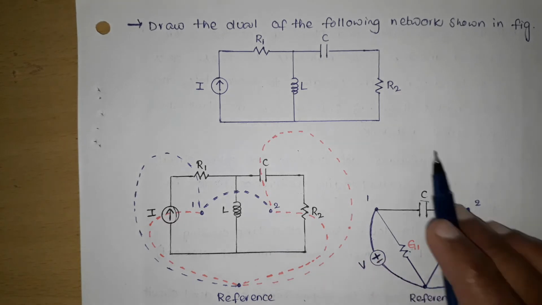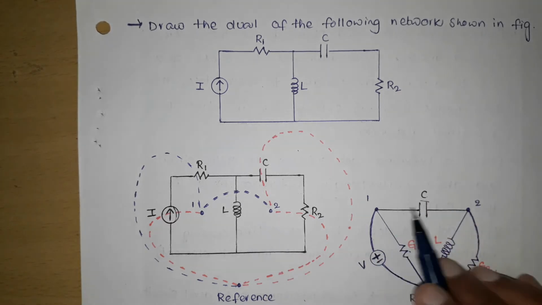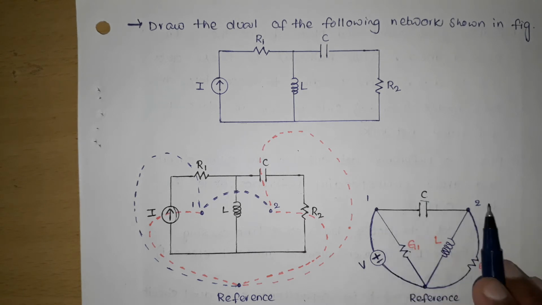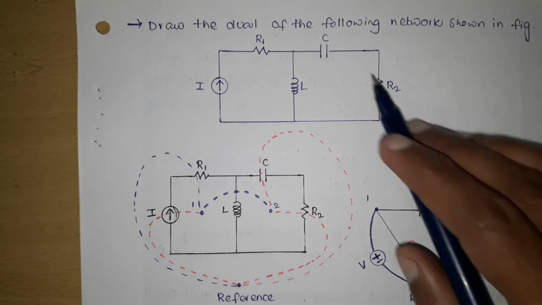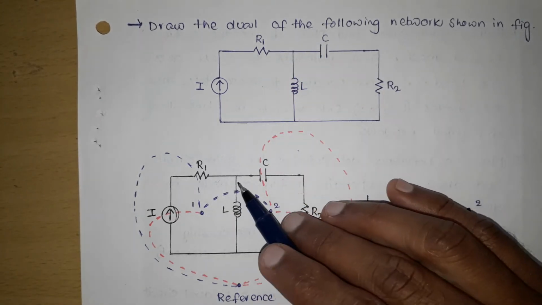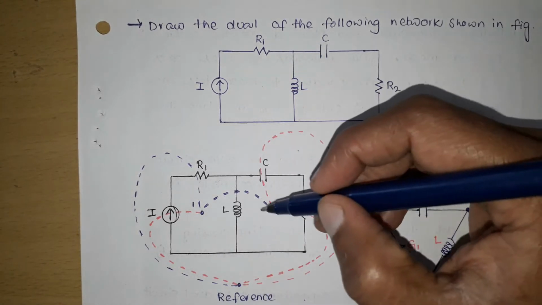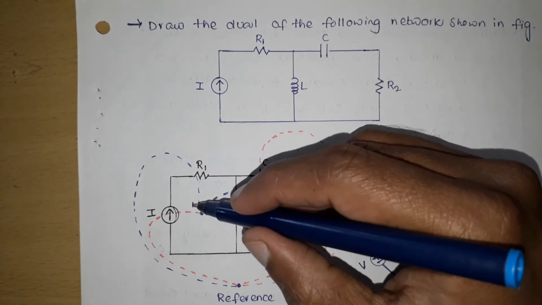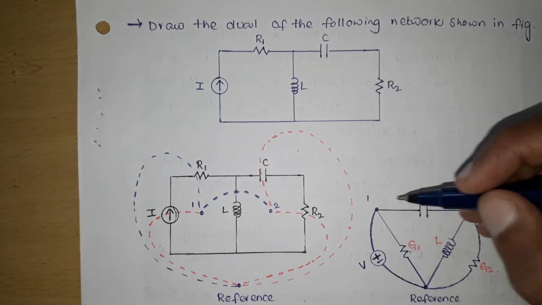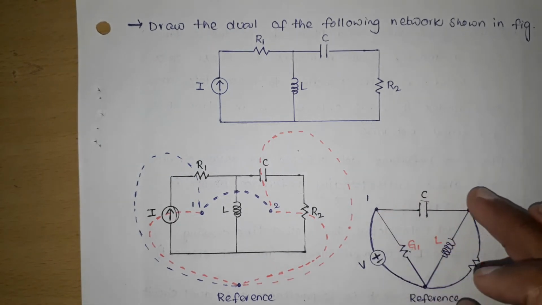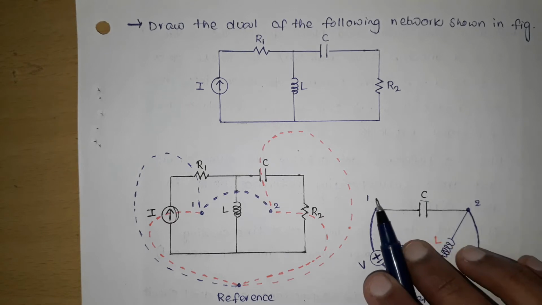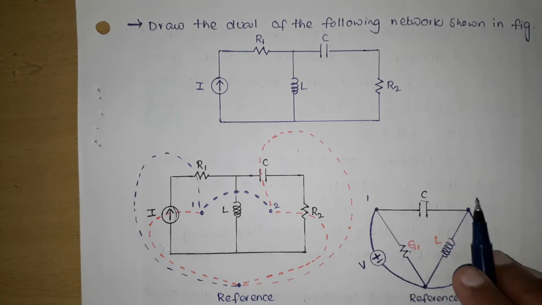And in the blank space provided for the dual circuit we have to take two nodes, a first node and a second node, and give them numbers 1 and 2.